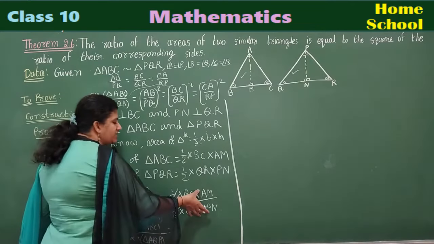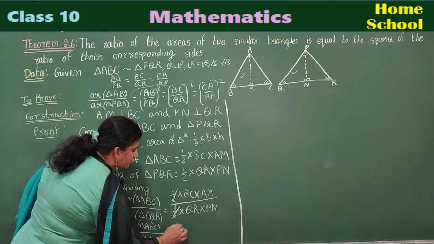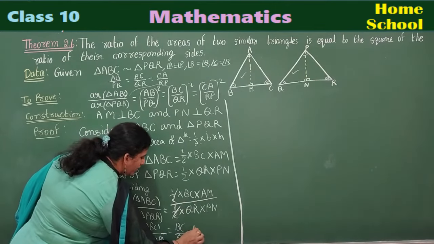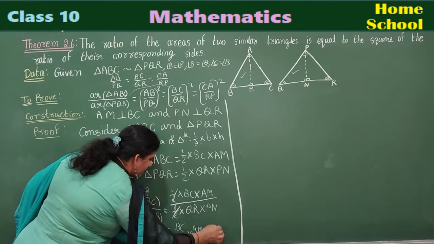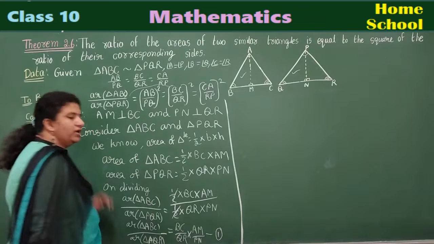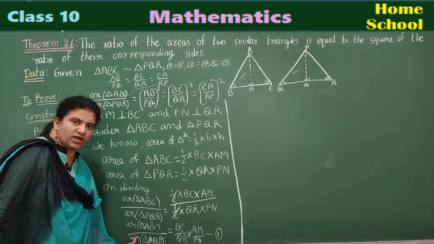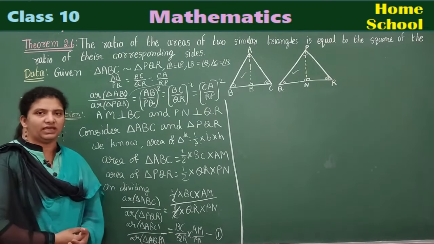Now this product you split, children: BC by QR into AM by PN. Mark it as the first equation. Now what did you get? Area of triangle ABC by area of triangle PQR is equal to BC by QR into AM by PN.